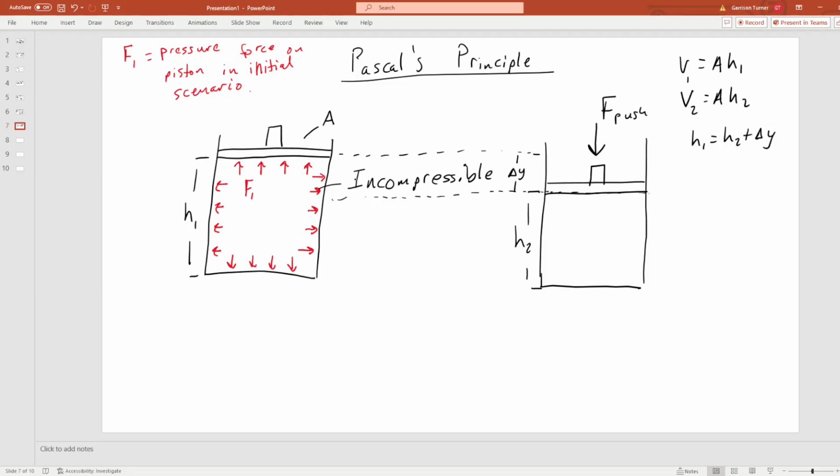And so when you do this to an incompressible fluid, the fluid has to exert larger forces outward, and so the pressure increases everywhere in the container.